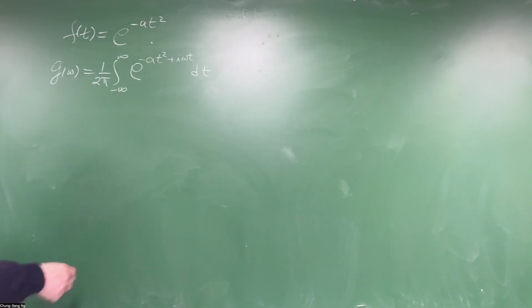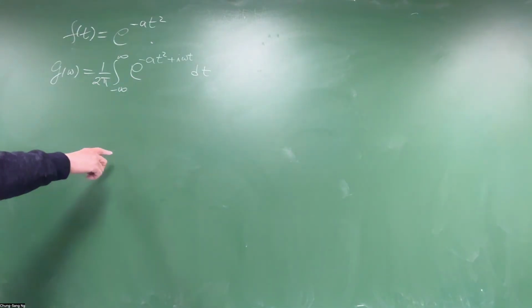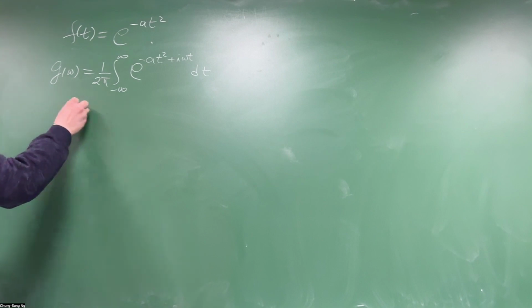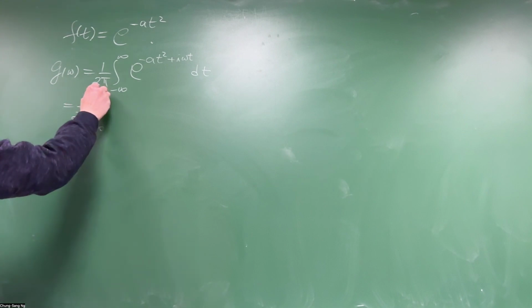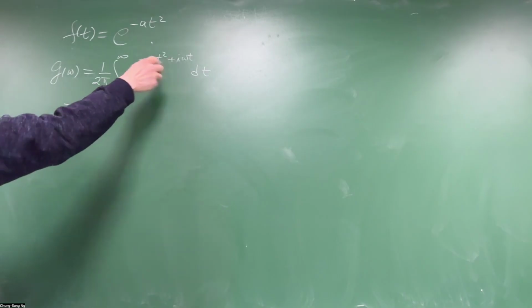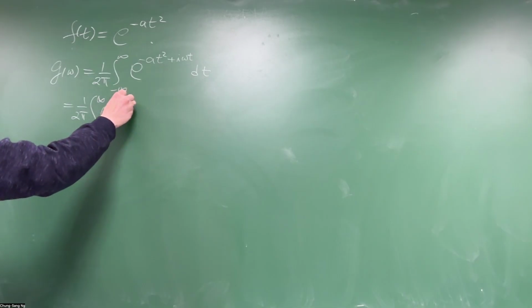The way to do it is to complete the square. I think we did a complete square before, but let's work that out again. It's quite straightforward. There are different ways to do it.